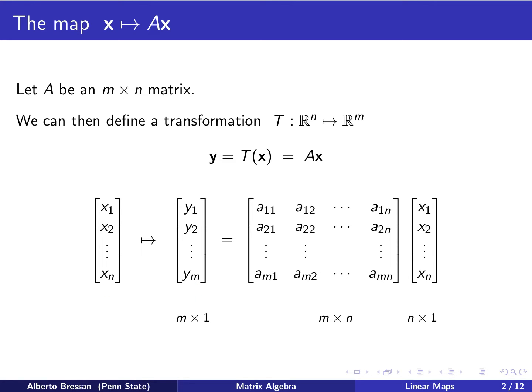And then y is obtained as the matrix A, which we write out in detail as an m by n matrix, times the vector x. This product will give you another vector with length m, which we call y. So we think of this as a map. You take one object x and map it into a different element, y.